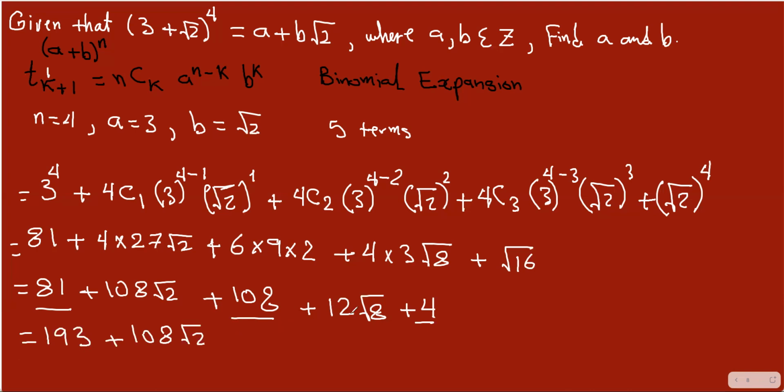And then now we have the 12 root 8. I'm going to change 8 into a mixed radical. So 4 times 2 is 8, which is going to give me 193 plus 108 root 2. Now the square root of 4 here is 2. 2 times 12 is 24 root 2.